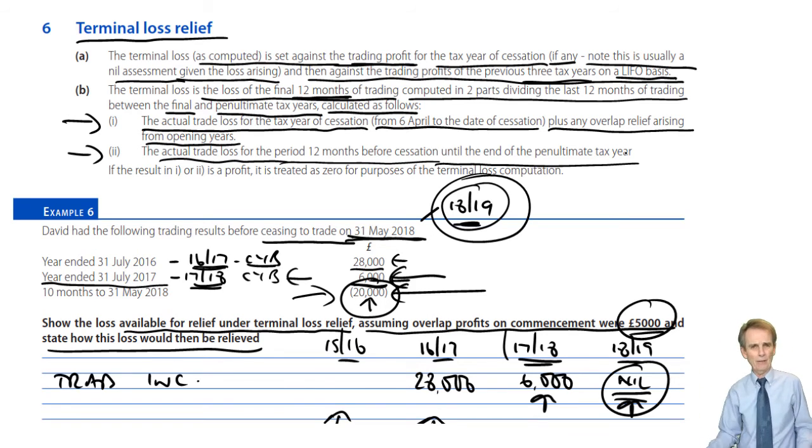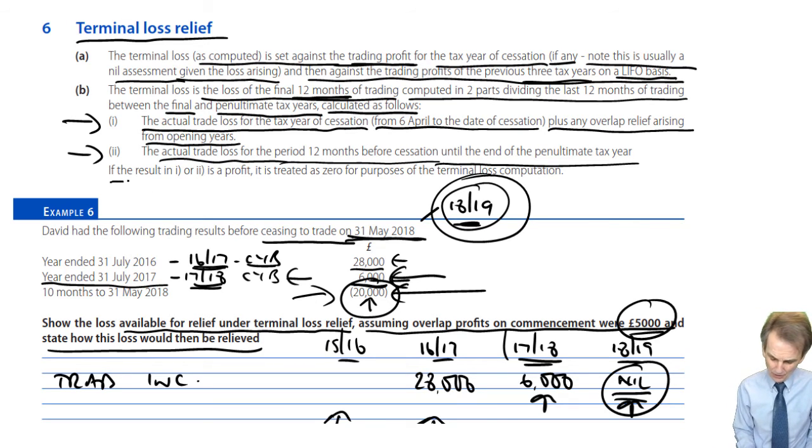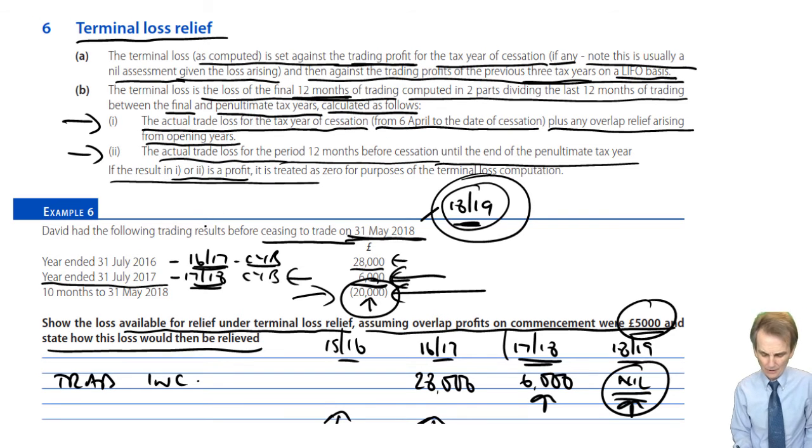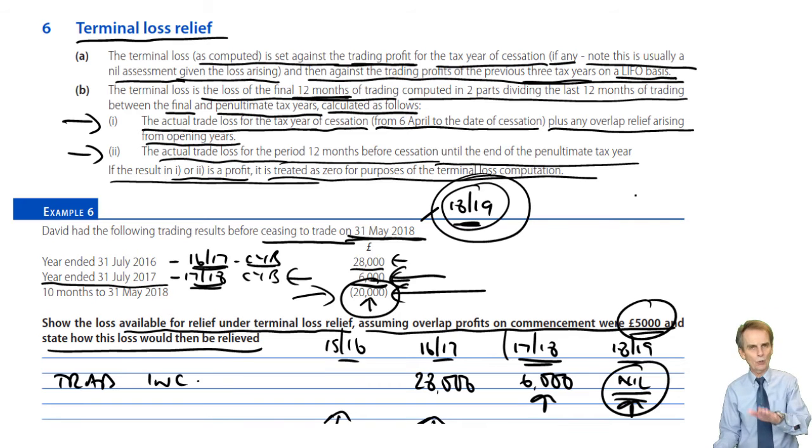We want the bit from 12 months prior to cessation through to that 6th of April date. So the bit that falls into the penultimate tax year. If as you do this calculation, the result in either 1 or 2 should be a profit, it probably won't be. But if it did form such a profit, that in this computation of terminal loss would be treated as nil. We'll talk about that when we do the example in a moment's time.